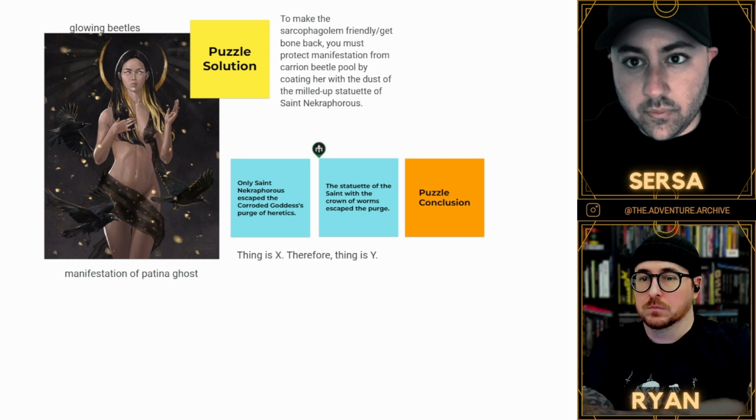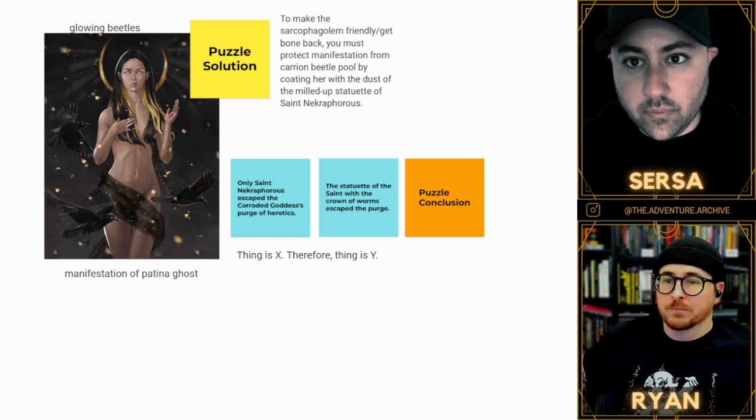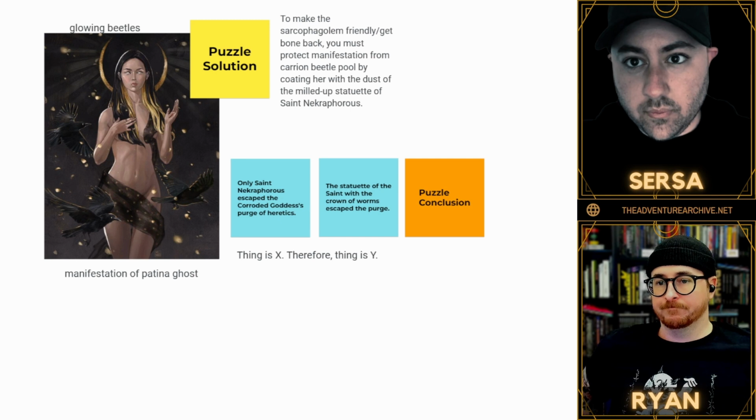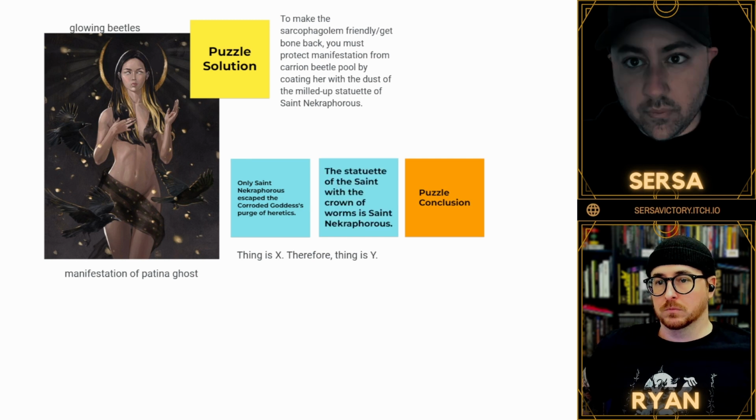It might say the crown of worms is Saint Necra. This could be the alternative, right? The conclusion would then be that the statuette of the saint with the crown of worms is the one who escaped the purge, or depicts the one who escaped the purge, right? You know what I'm saying?